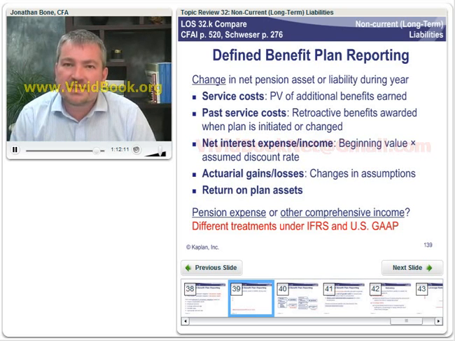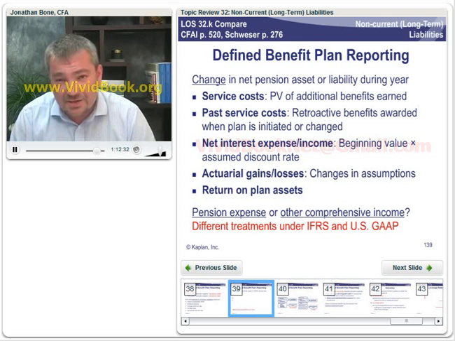Net interest expense or income typically, therefore, is the beginning value times our assumed discount rate. So in other words, it's the liability value, the estimated obligation, times the interest rate. What we're really simply saying here is that for each period, the estimated obligation, the PBO, is going to increase.